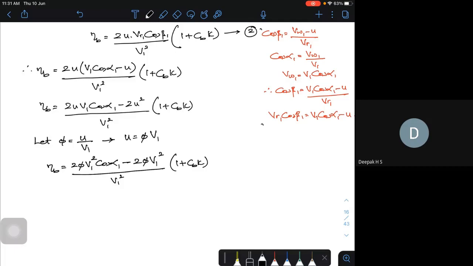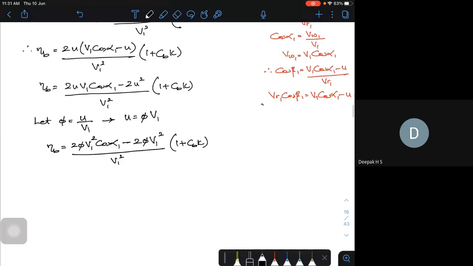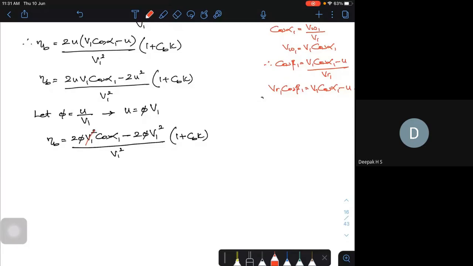Now look at this particular expression. Every expression is in terms of your phi. V1 square, V1 square just simply cancel out. I am left with only the expression.